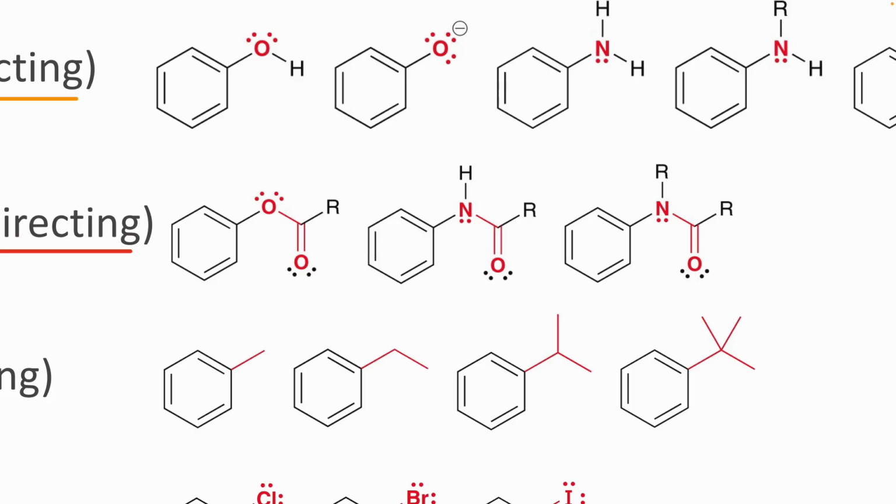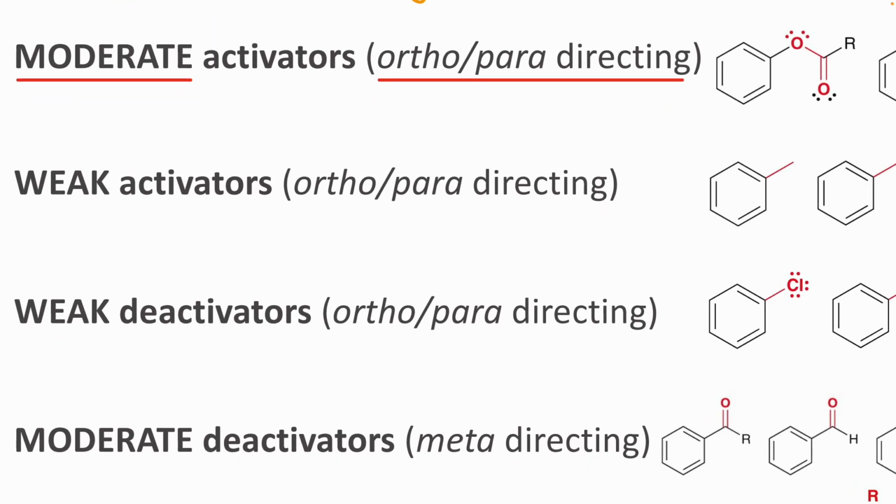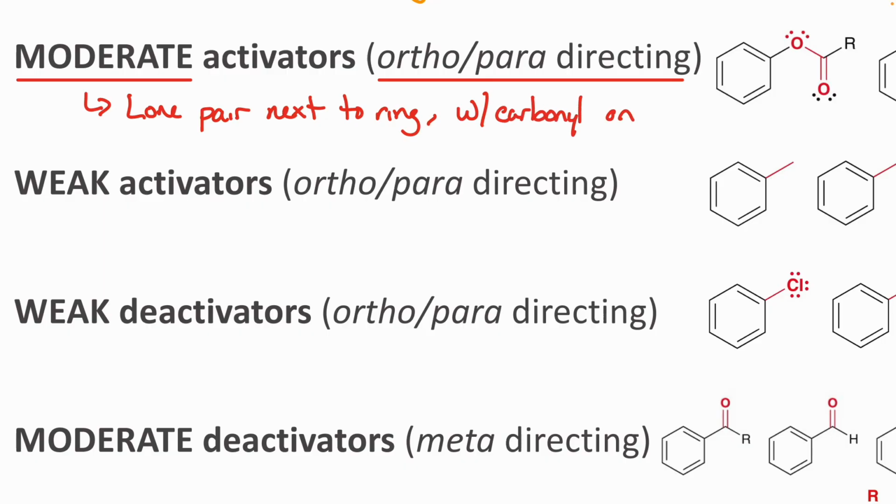So these do have a lone pair that they can donate to that ring, but they also have this carbonyl group pulling that lone pair away as well, right? So even though they can donate that lone pair, they can't do it quite as well because of that carbonyl group. All right, so these also have that lone pair next to the ring, but with a carbonyl on the other side.